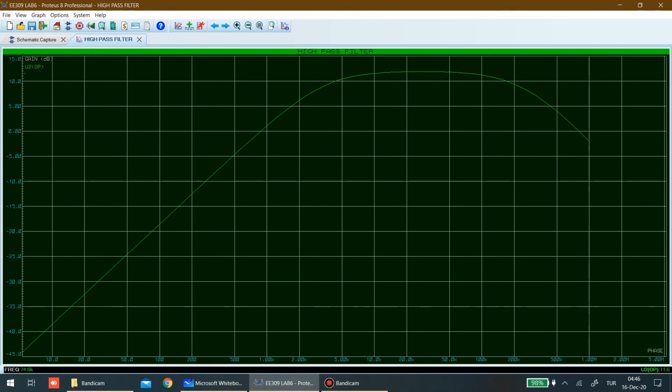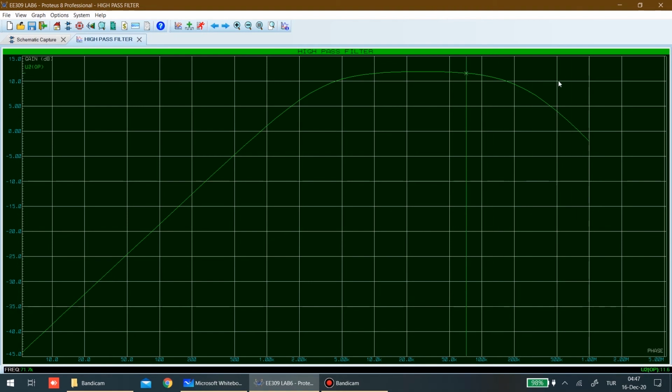This region is not the desired one, because here we are at the limit of the op-amp's frequency response characteristics. For very high frequencies, the op-amp will act as a low pass filter.